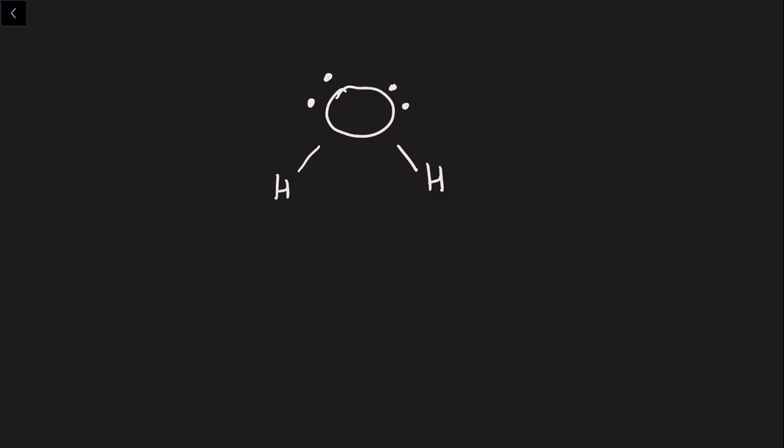So let's look at this H2O molecule. To calculate formal charge, we're going to look at the valence electrons of an atom, and then subtract the number of lone electrons that we have. So it's not lone pairs, it's each individual electron. And then further, we're going to subtract the number of bonds.